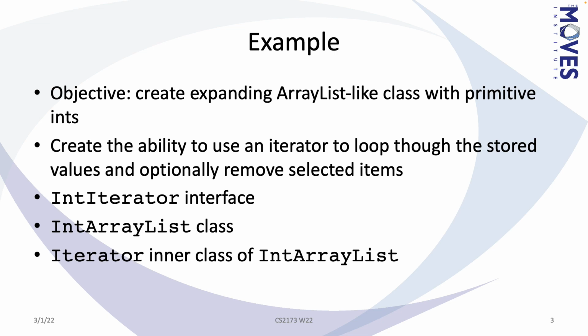The problem is, let's say I have a collection of integer objects. With one call, I can turn it into an array of integer objects, but that array of integer objects is not an array of int. And so if I want an array of int, then I've got to do a lot of extra work.